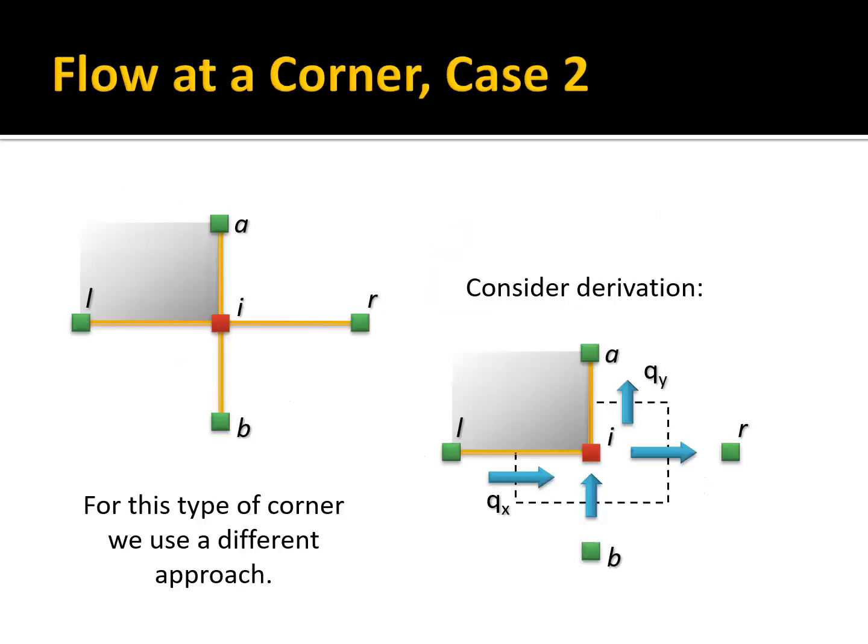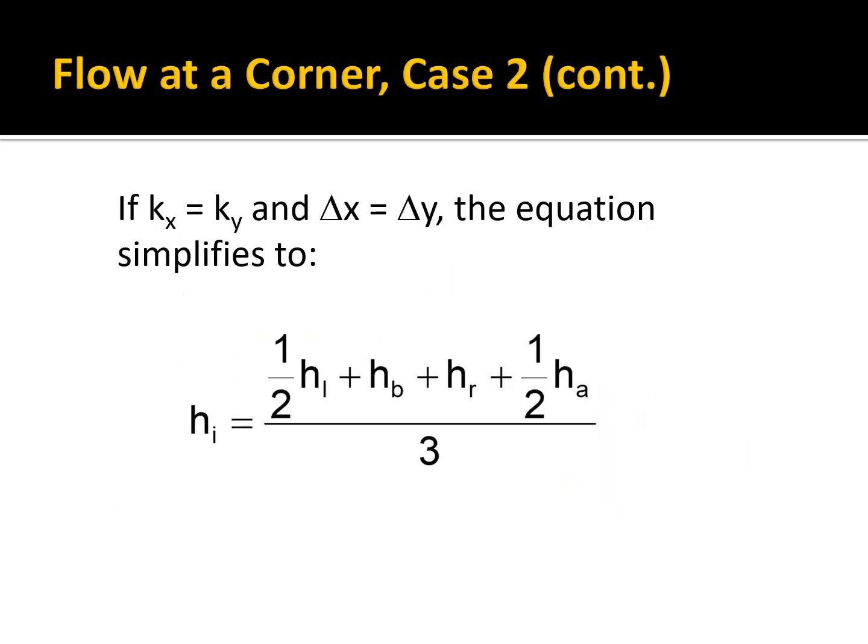So let's go back to this equation. The head at node I is 1/2 of the head here, plus 1/2 of the head here, plus all of the head here, plus all of the head here, divided by 3. So again, it ends up being a pretty simple equation.